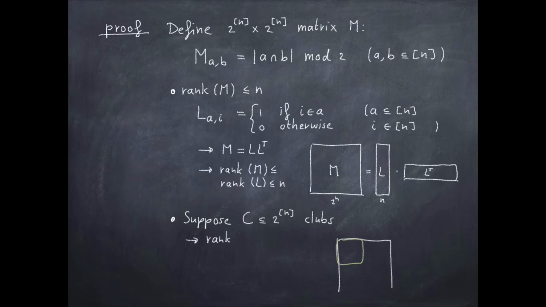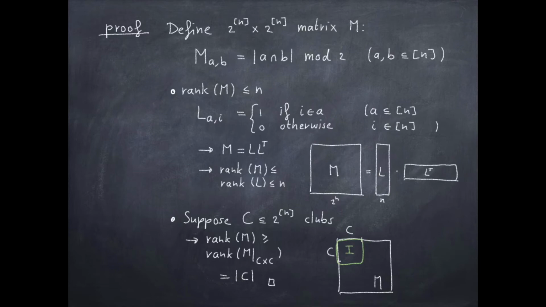Now let's consider our collection C of clubs. Now look at the submatrix of M indexed by the rows and columns that are in the collection C. This submatrix is the identity matrix. Indeed, consider any two clubs in C. If they are the same club, then because all clubs have an odd number of members, the corresponding diagonal entry must be 1.